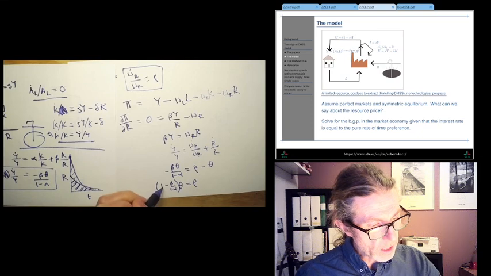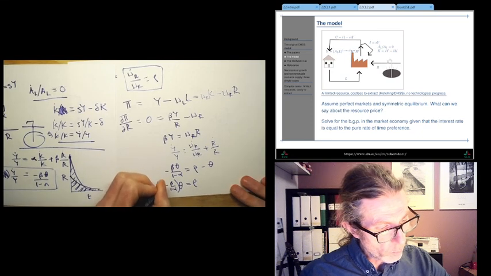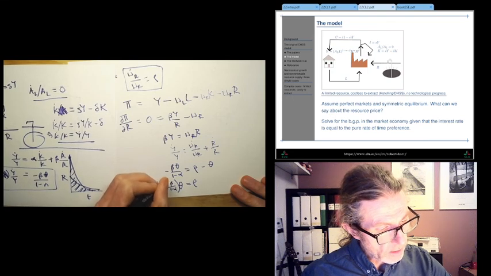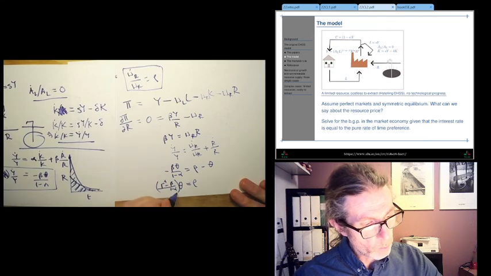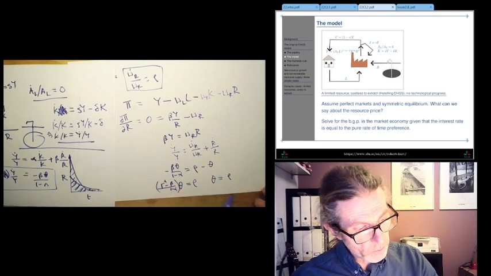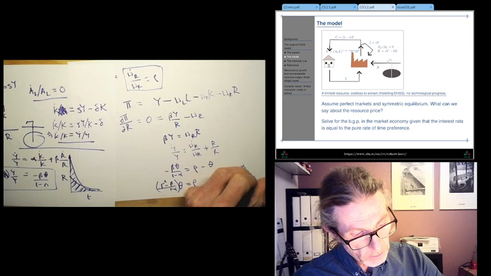And this is the same as (1 minus alpha minus beta) over (1 minus alpha) times theta. Theta is rho times (1 minus alpha) over (1 minus alpha minus beta).